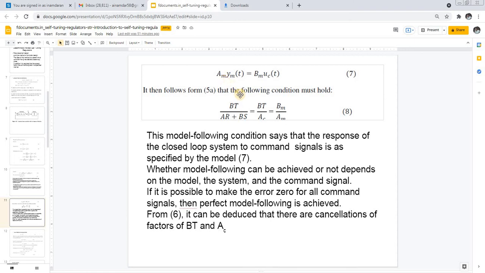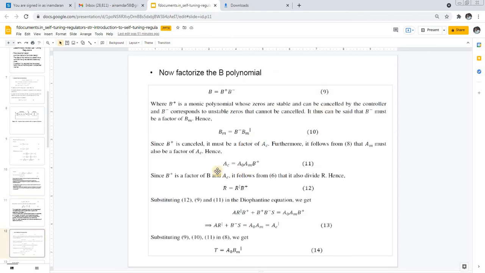So now we can write here, ac will become a naught, am, and b plus. We know that this b plus is a factor of B and of AC also.